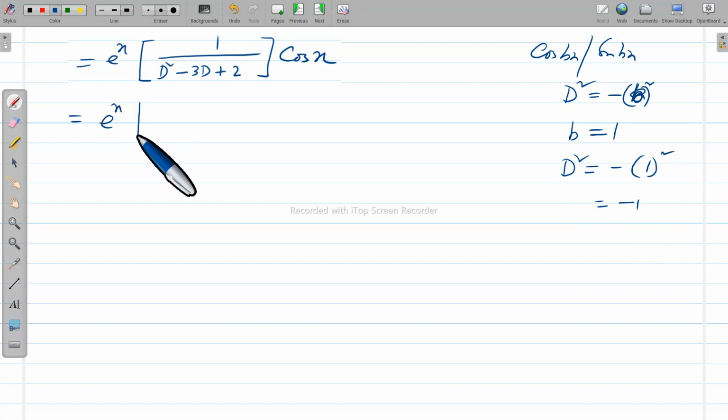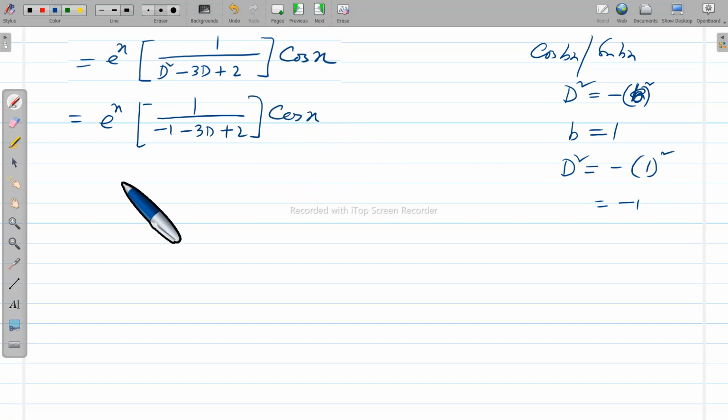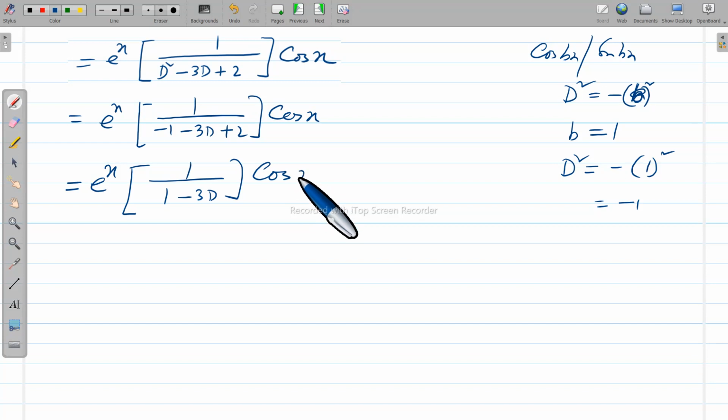So e to the power x, 1 by minus 1 minus 3d plus 2, cos x. So ultimately it is coming e to the power x, 1 by 1 minus 3d, cos x. Okay, so already you know for cosine and sine you have only one formula for d square, but here it is only d along with some linear factor you have.